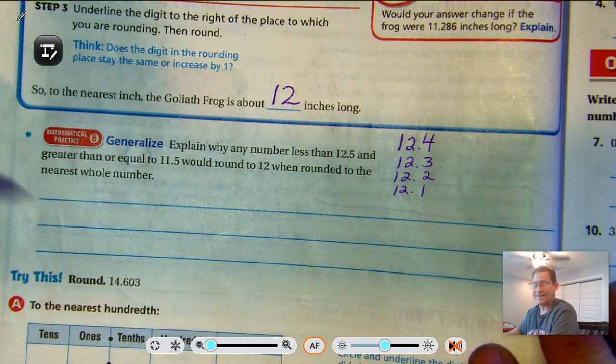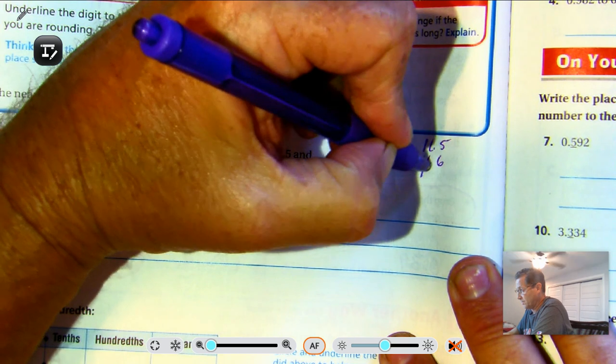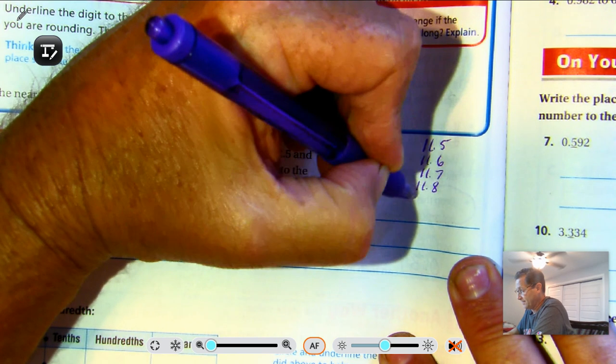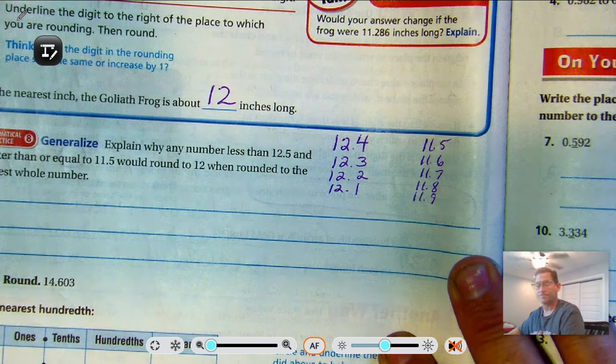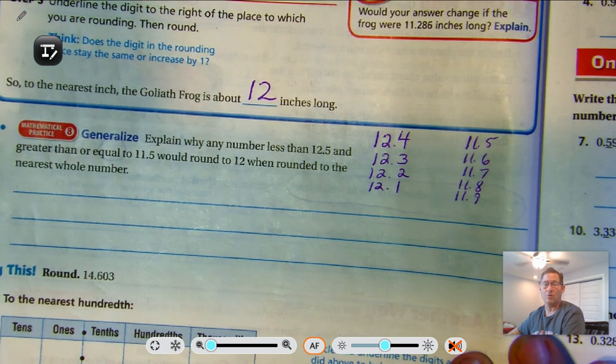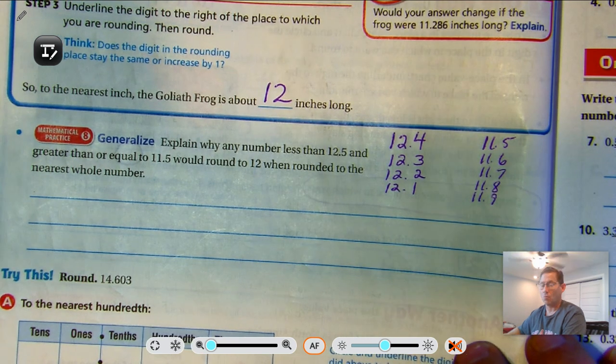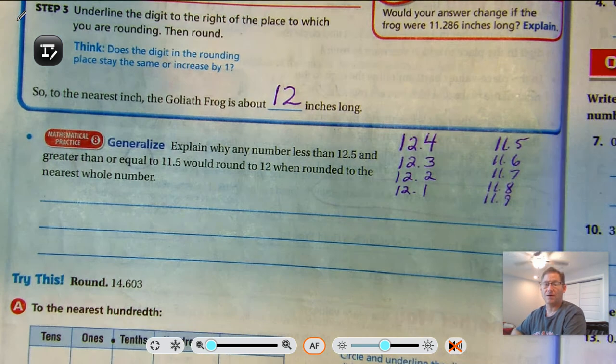And they're also saying any number greater than or equal to 11.5. Okay. Would round to 12. Why? Why is that true? Why do all of these numbers round to 12?